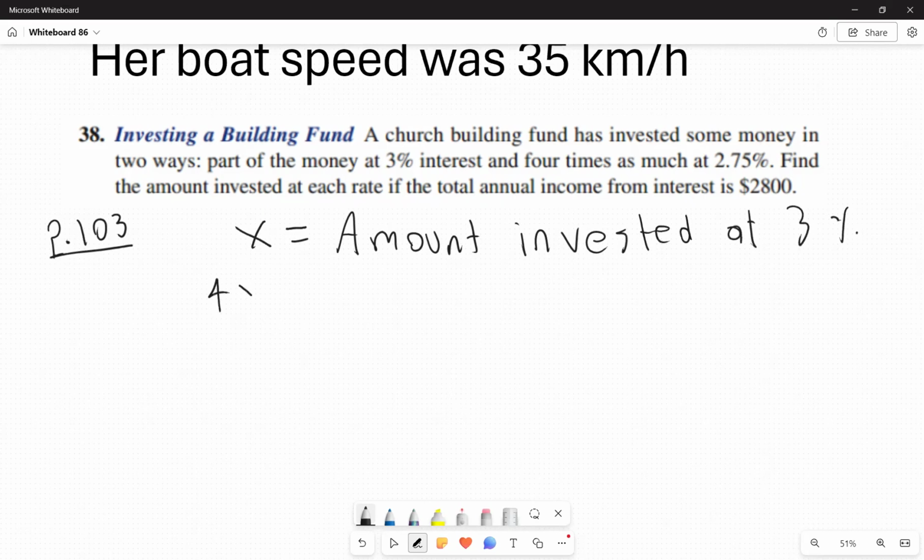And 4x, 4 times as much, is the amount invested at 2.75%.